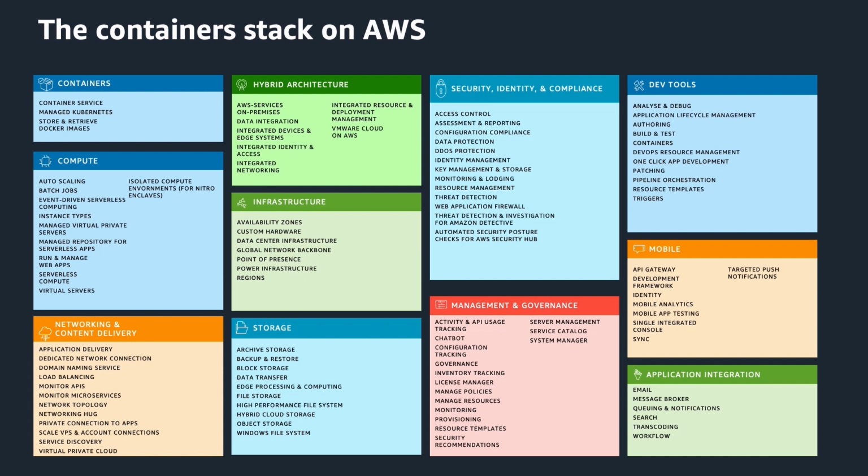Now, AWS has the broadest set of services, technologies, and tools to build applications on containers, as well as deep integrations with some open source and AWS partner technologies. There is no right way to build on AWS, and indeed, our large customers build in multiple ways.